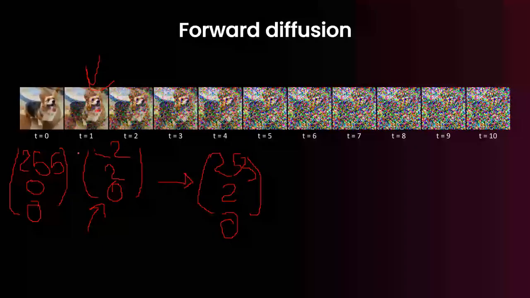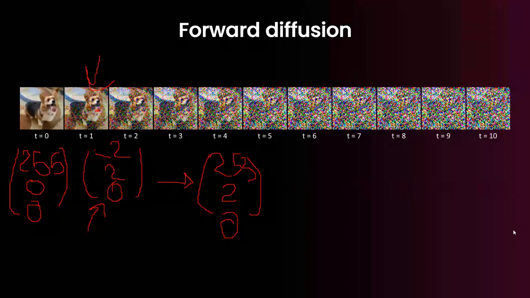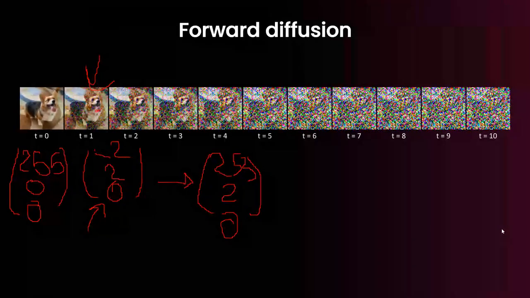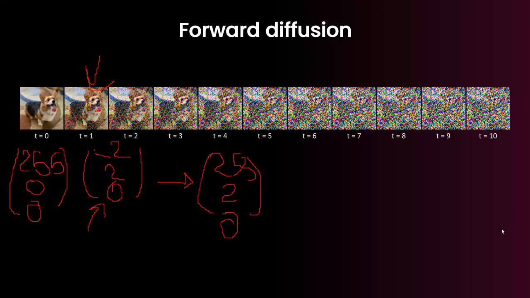And likewise for all the pixels of the image. We repeat by randomly sampling values from our Gaussian distribution and using them to randomly adjust the color values of each of our pixels. So we are destroying any order or form or structure that can be found in the image. So it's totally noise.